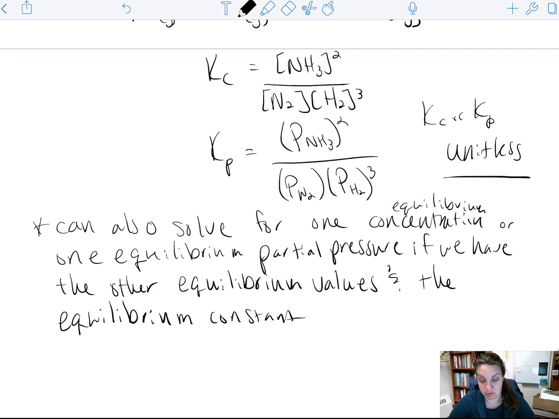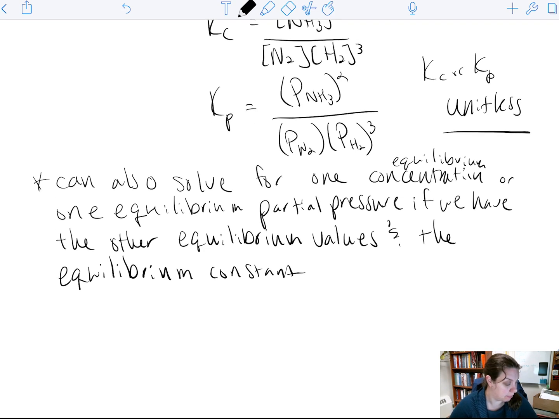So we can also take these equations written here. If we have two of the pressures or concentrations and we have Kc or Kp, then we can solve for the last one just by doing simple arithmetic.